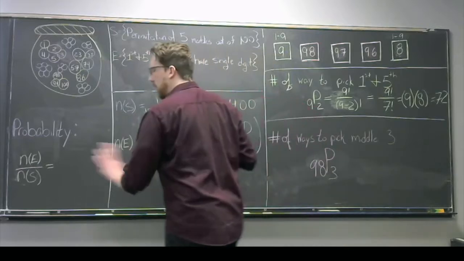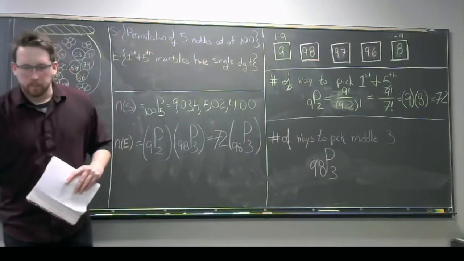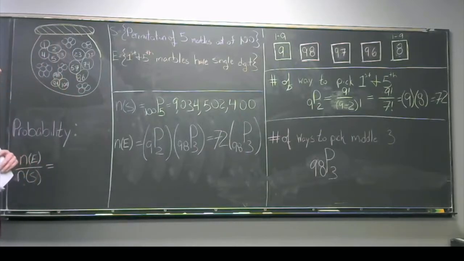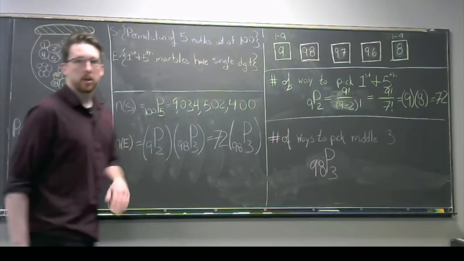Again, giant numbers, I'm not writing them out. All right, cool. So we know the size of our sample space and we know the size of our event space. Now what?